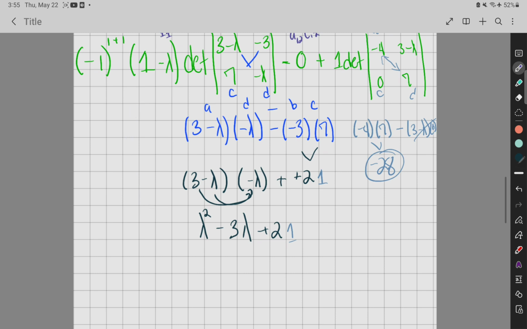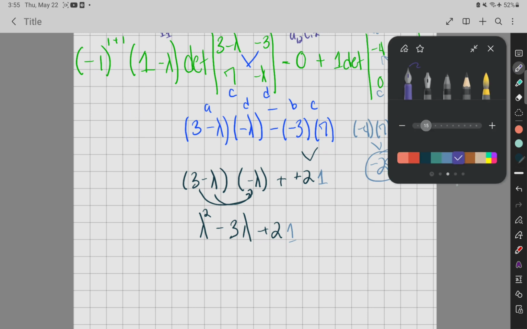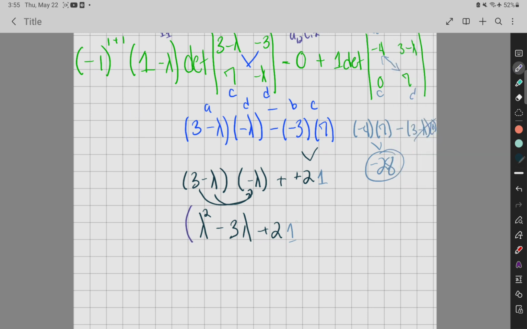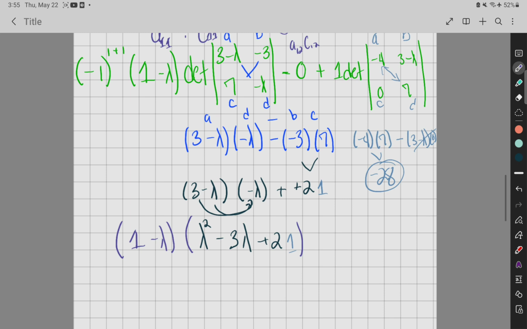So then you have 1 minus lambda, and then you have 1 minus lambda over here. So you're just going to bring this down. And then, actually, I'm going to move that. I feel like this is a little too congested.